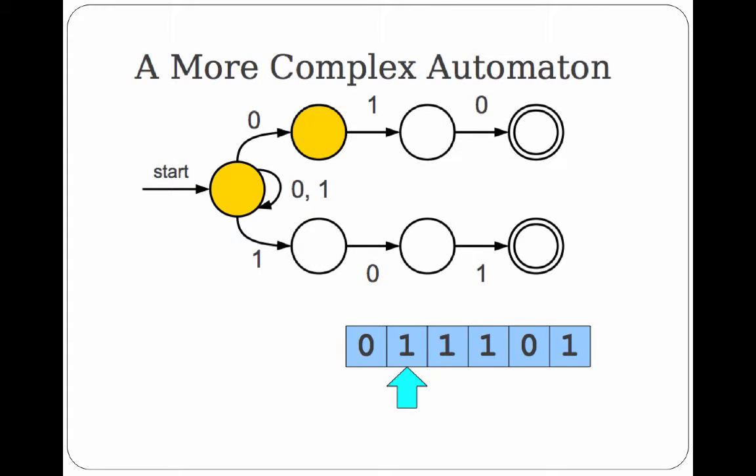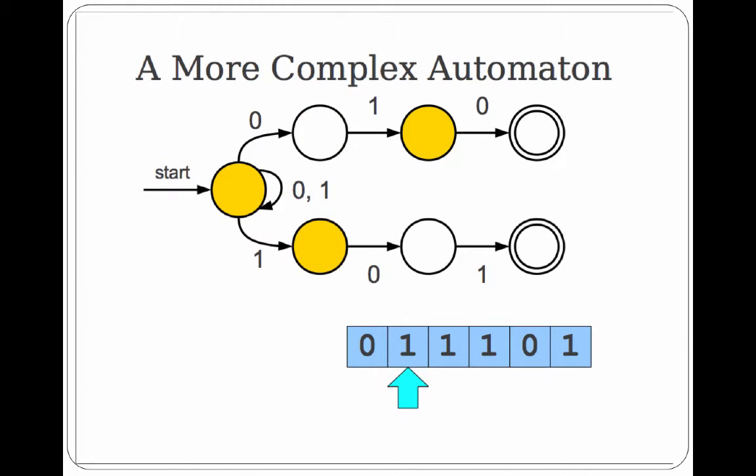In this pair of states, if we get a 1, what state should we go to? Well, if you look at the start state, with a 1, we can go back to the start state. If you look at the other state, with a 1, we go to the next state to the right, and so we should be in this state.